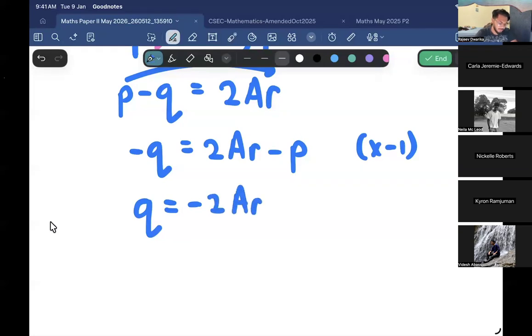And I'm multiplying negative P by -1. Anytime you multiply by -1, you change any sign. That's the simplest way I can put it. So positive 2AR turns to negative 2AR, and negative P turns to what? Positive. Good.